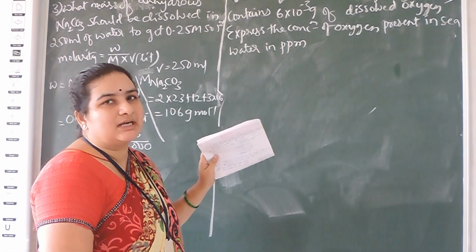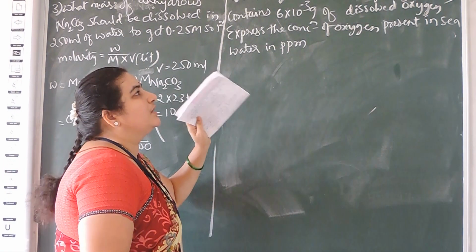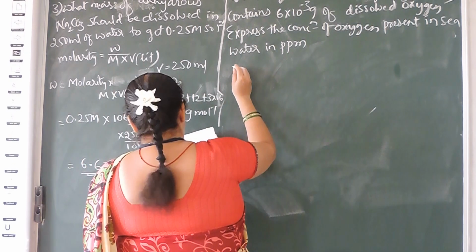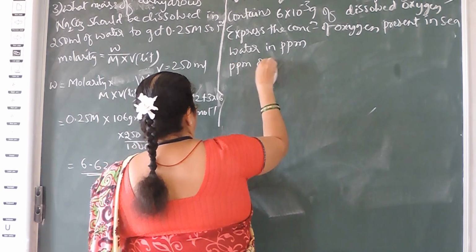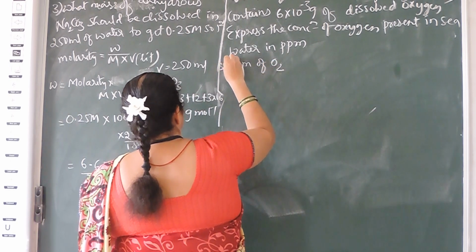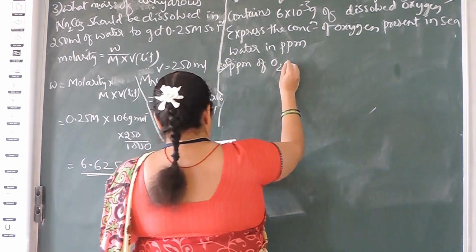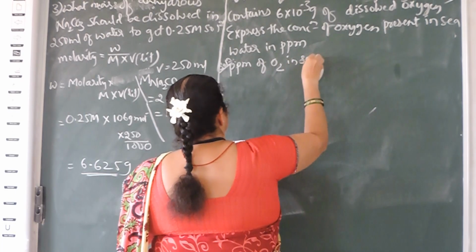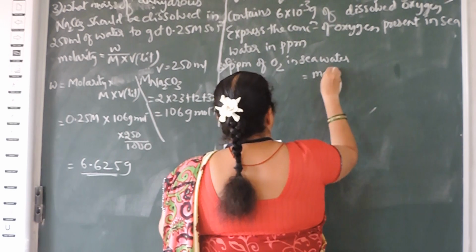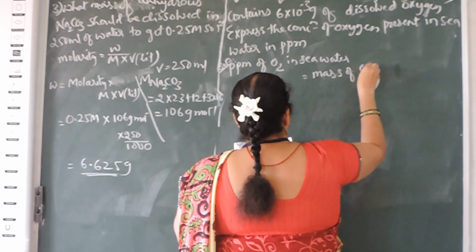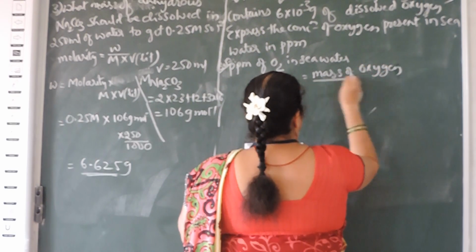So in that, first write the given things. So I want ppm of oxygen in the seawater, which is equal to mass of oxygen divided by mass of seawater.